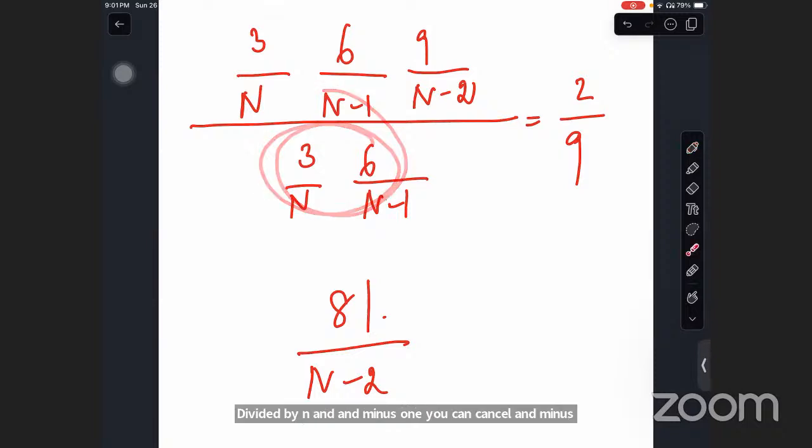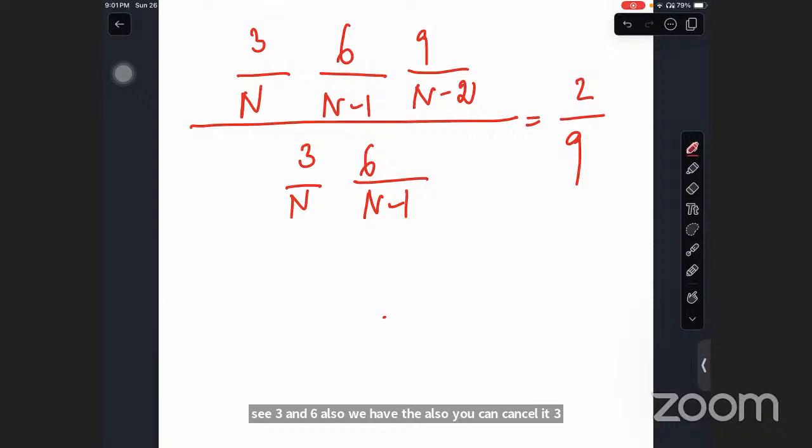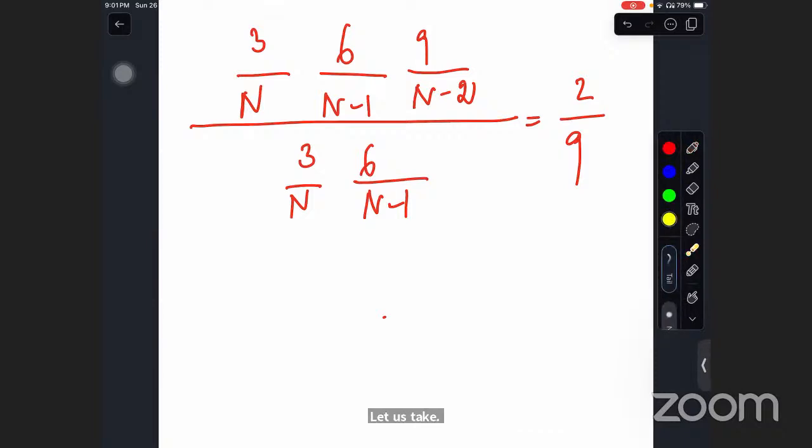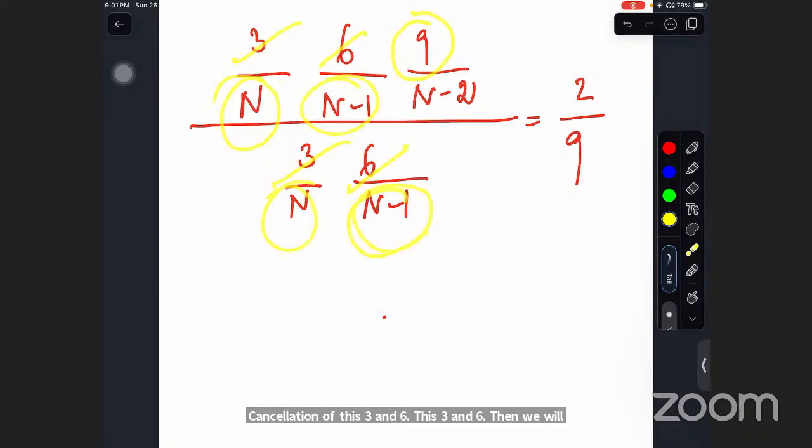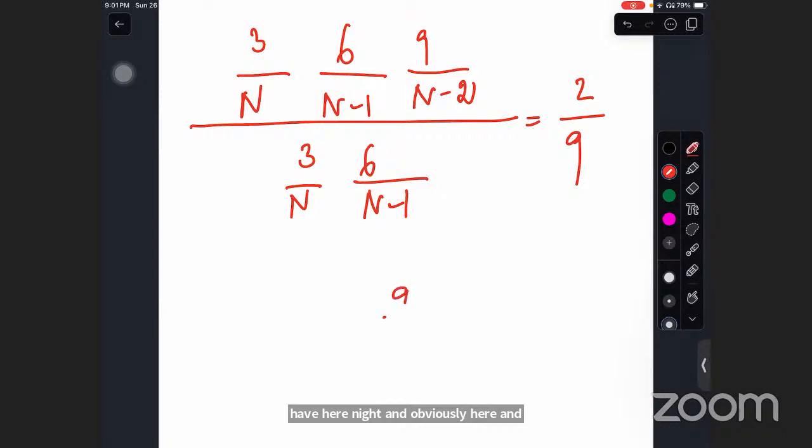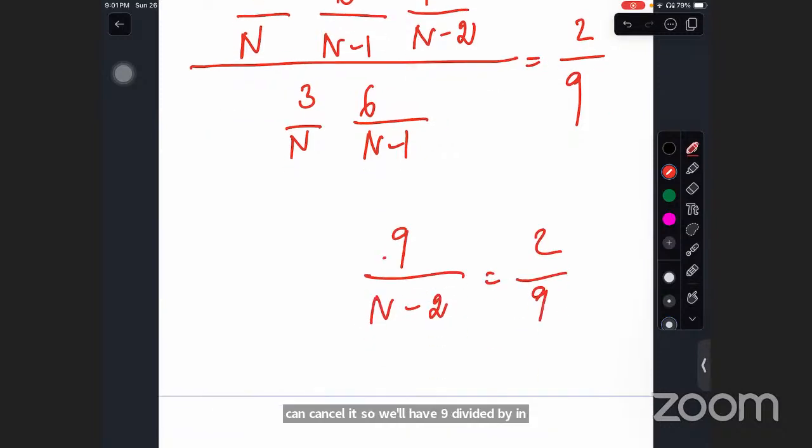So after cancellation of this 3 and 6, then we will have here 9. And obviously here n and n minus 1 we can cancel. So we'll have 9 divided by n minus 2, that's equal to 2 by 9.